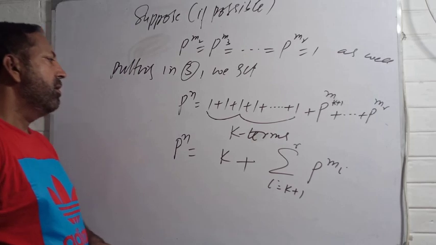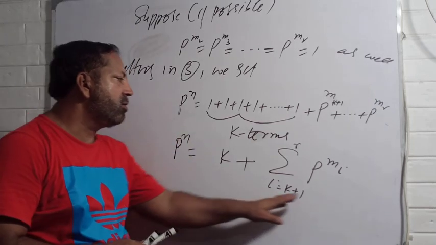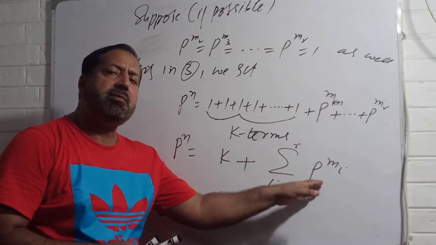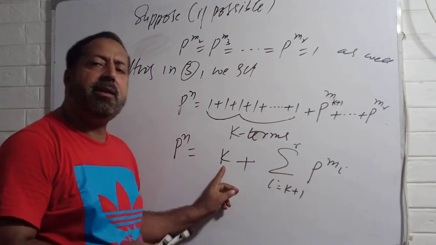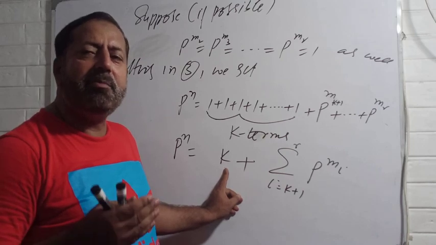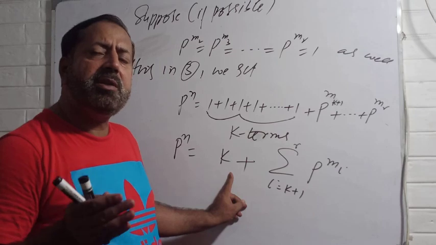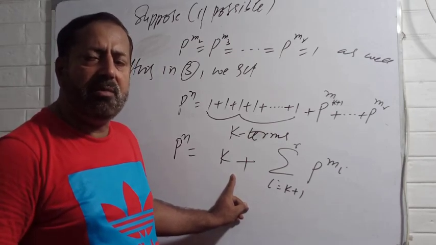You see here P is dividing P power n, and also P is dividing each term under this summation. That's why to balance this equation P must also divide k. This means that P is a divisor of k, so k must be P or a multiple of P. This means that you must have P or a multiple of P self-conjugate elements.